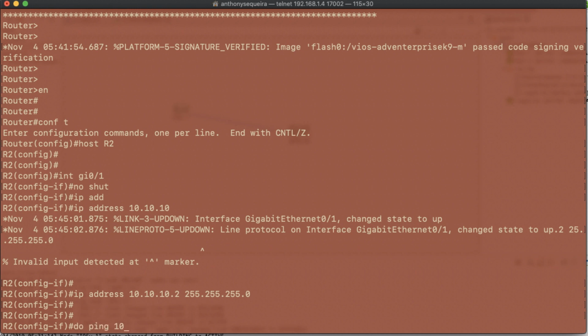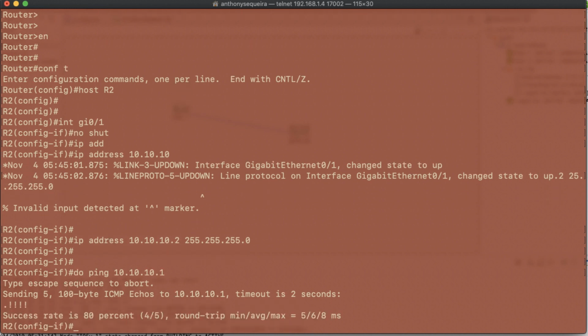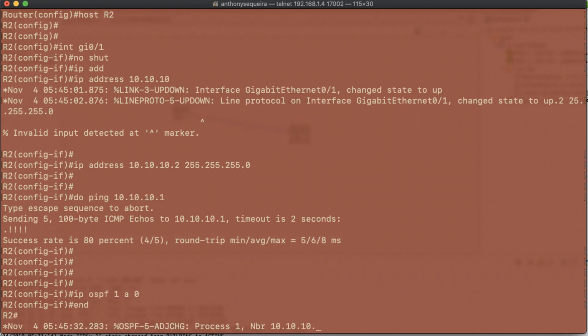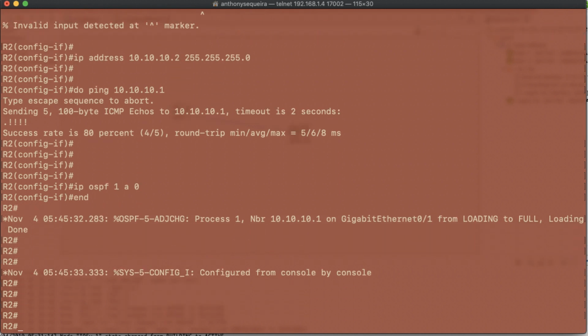Do ping 10.10.10.1. Let's see if we can reach the other side. Okay, that's great. Now I'm going to do ip ospf 1 area 0. And look at that, we got an adjacency up.